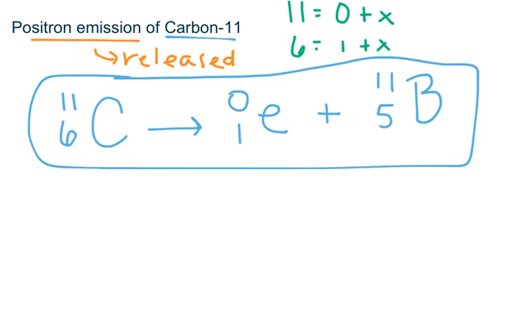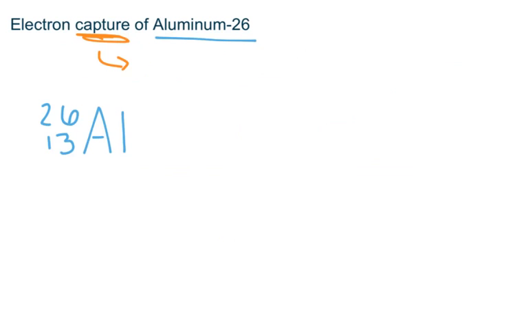One last type of decay problem. Electron capture of aluminum-26. Well, let's write the symbol for aluminum-26. Aluminum is Al. 26 is the mass number. 13 is the atomic number. Now, it's electron capture. So this, instead of being released, is going to be absorbed.